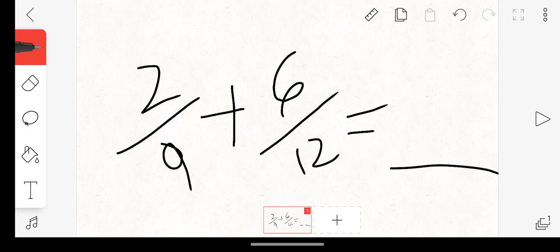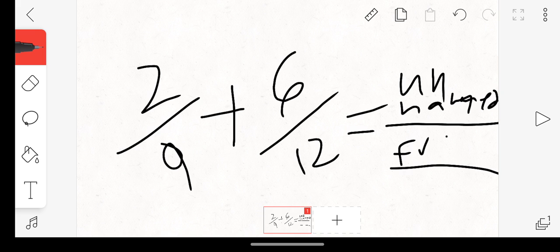This is not a suitable problem. So this is an unnamed fraction. Unnamed fraction.